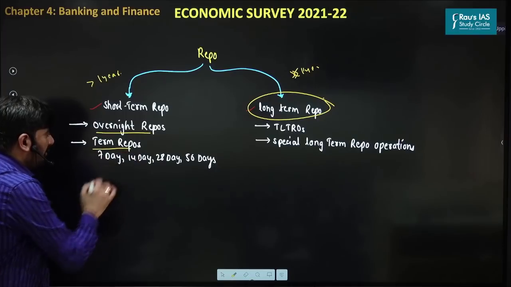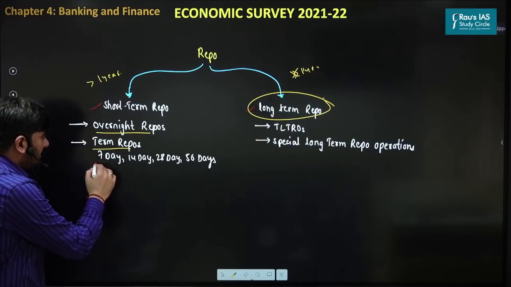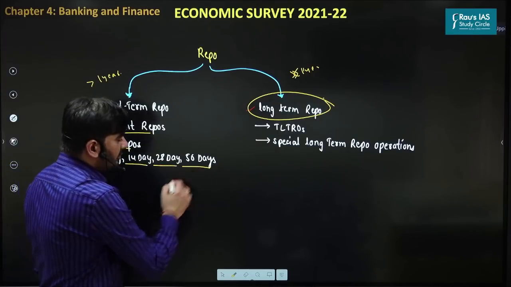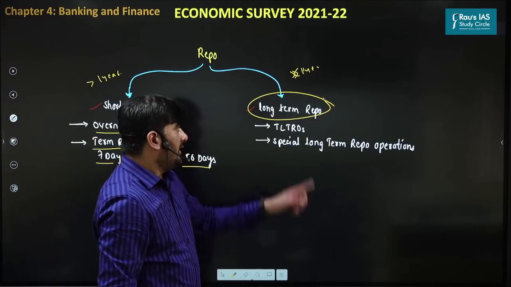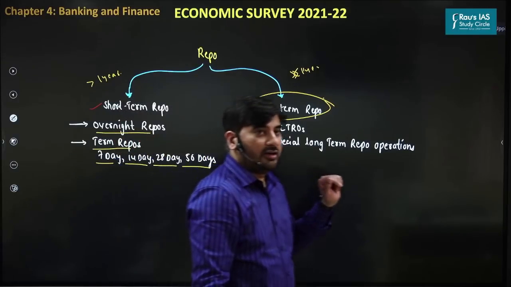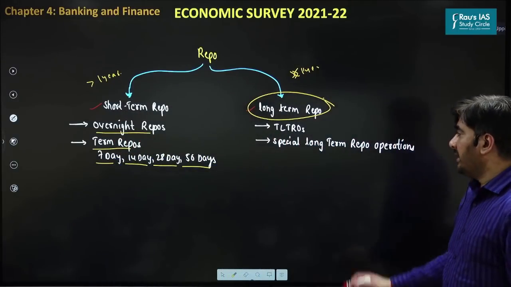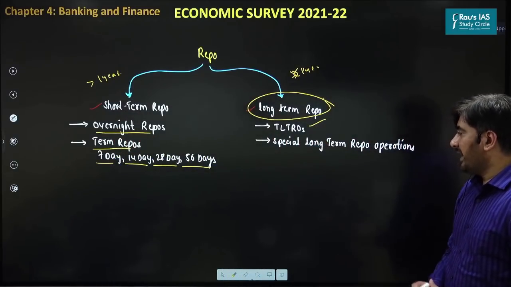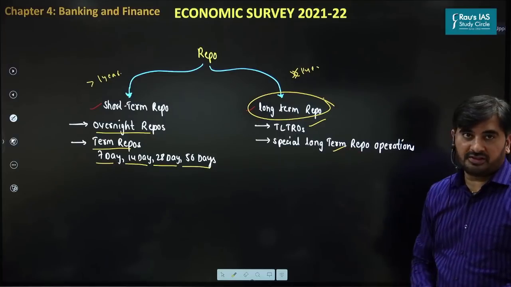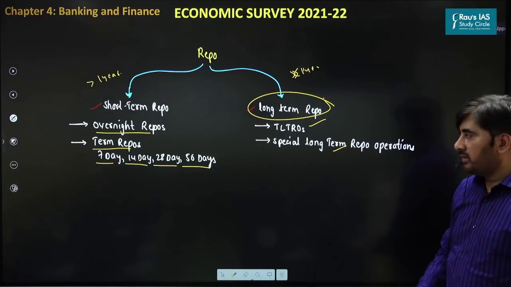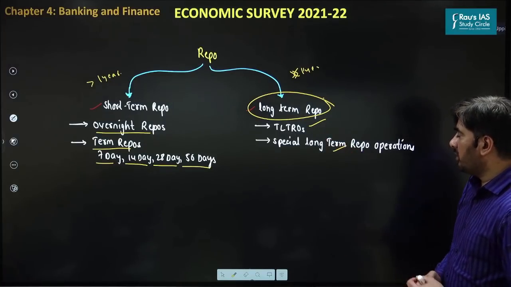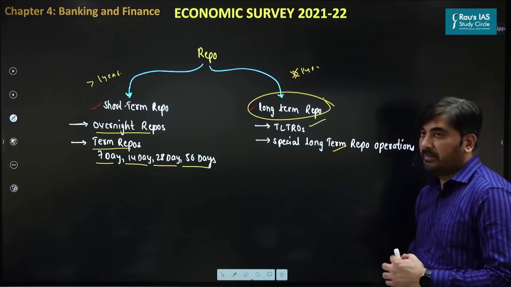Then term repos whose duration could be 7 days, 14 days, 28 days, and 56 days. Next, you have long-term repos. Under long-term repos, you have targeted long-term repo operations and special long-term repo operations. So we are going to discuss what are targeted long-term repo operations and special long-term repo operations.